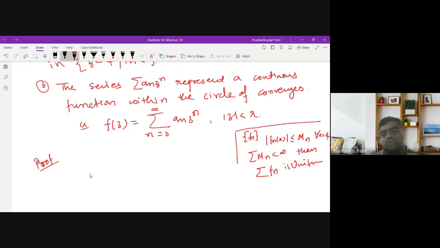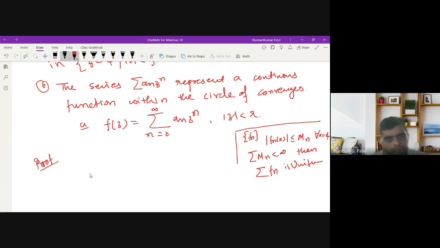This is known as the Weierstrass test, where the sequence of functions is bounded by a constant sequence M_n, and the series M_n is convergent, then the series f_n is uniformly convergent.